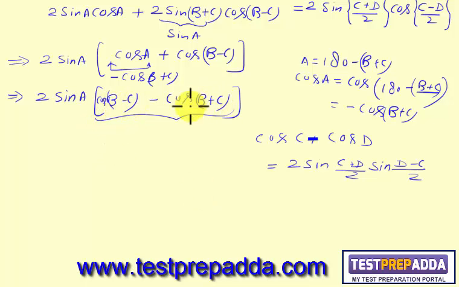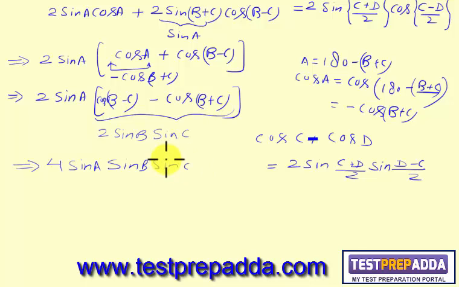(C+D)/2: this plus this means C will get cancelled, 2B by 2 will become B. So it is 2 sin B. Now when it is sin((D−C)/2), B will get cancelled, and here it will be sin C. So at the end, what is the result? 2 into 2 is 4, so it becomes 4 sin A sin B sin C.